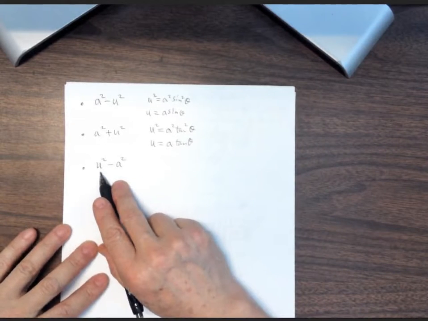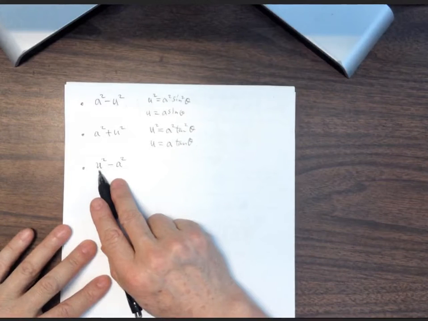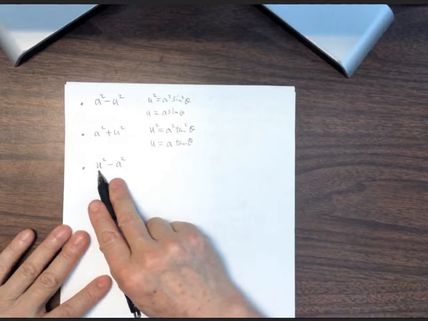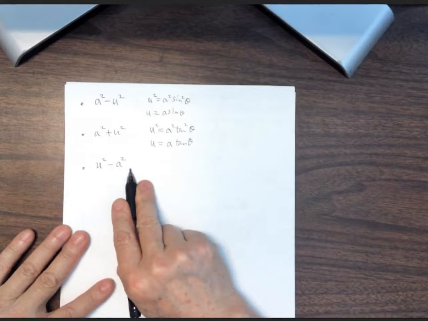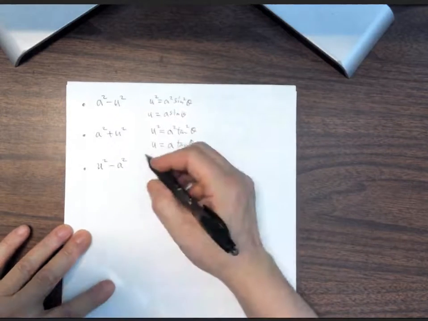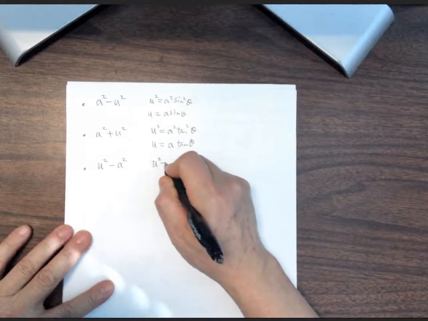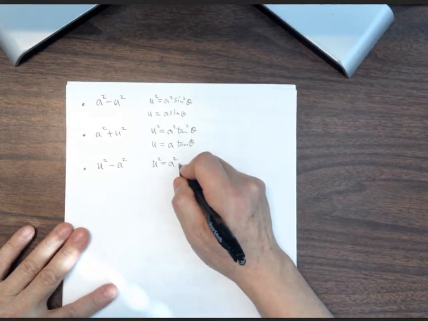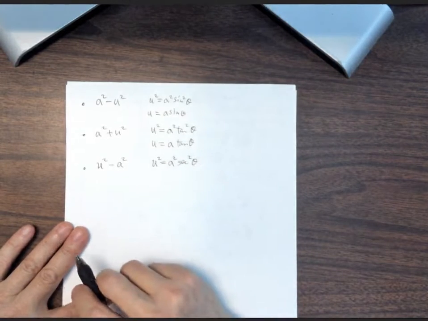For this time, we will try to use a trig identity that says secant squared minus 1 equals tangent squared. So the u squared here must be a squared secant squared for this whole thing to work out.